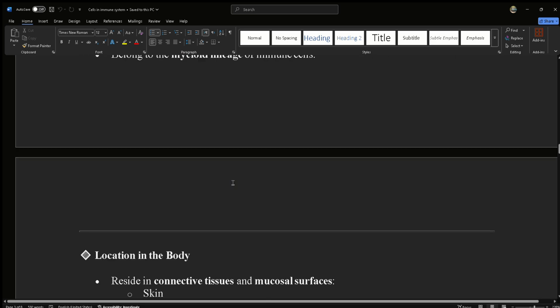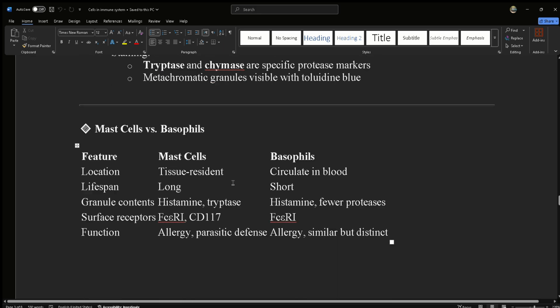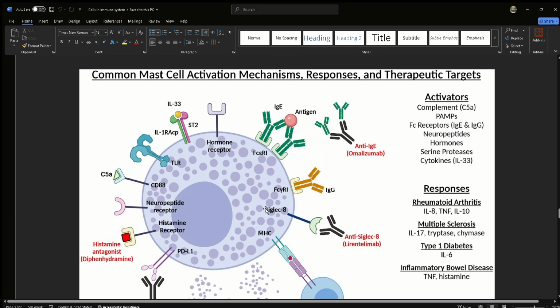Here you can see that on the surface of these mast cells there are receptors for IgE.